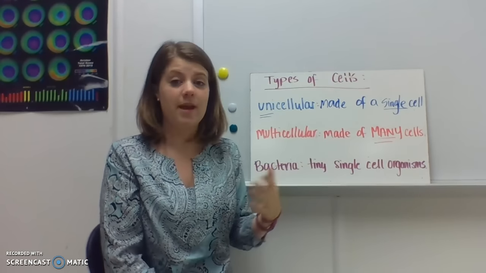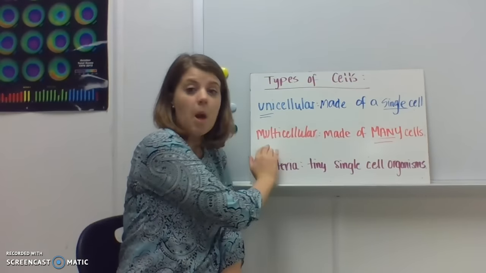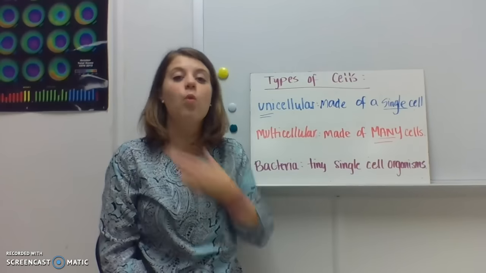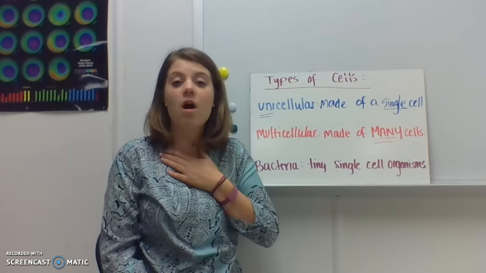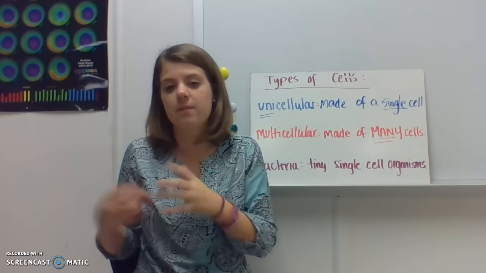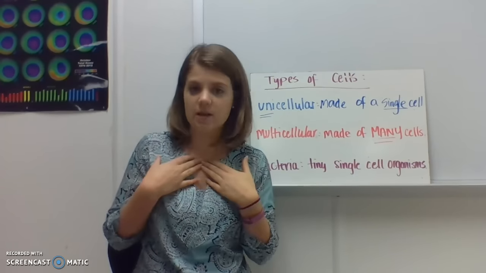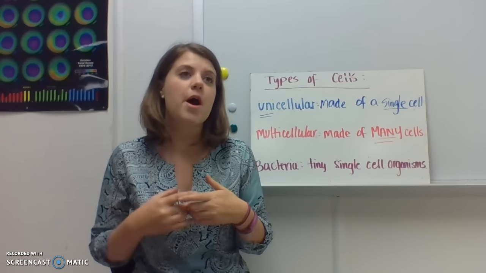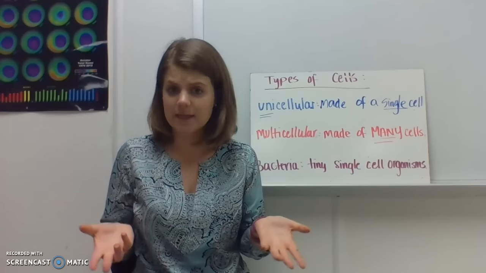Multicellular is going to be made of multiple, many cells. We are multicellular. Now, plants are multicellular. They have different types of cells within them. So we have skin cells, we have bone cells, we have blood cells.